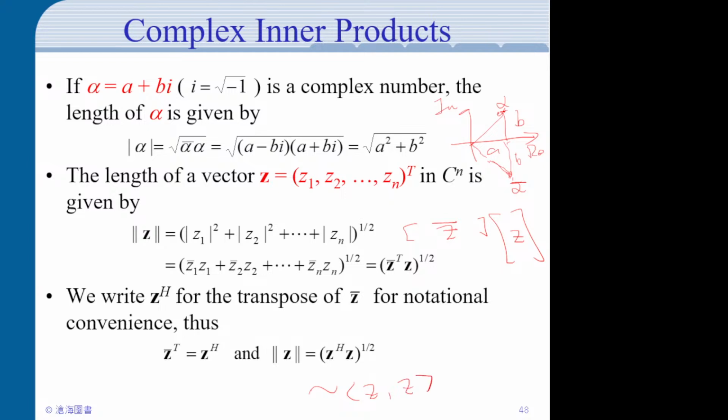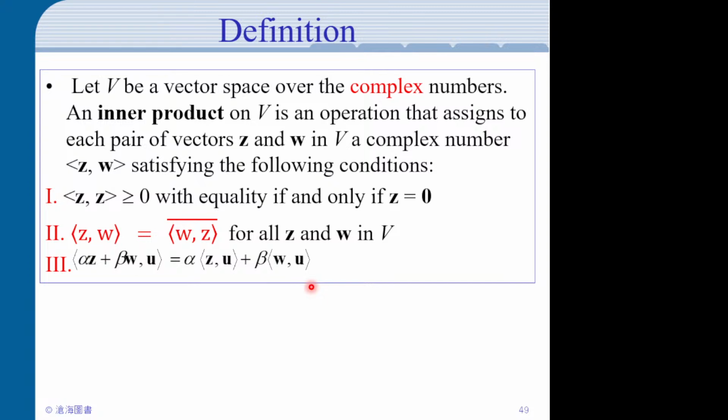You see that <z, z> is z bar transpose times z. Now it's a little different because you have the extra complex conjugate here. So that is how we define the inner product.